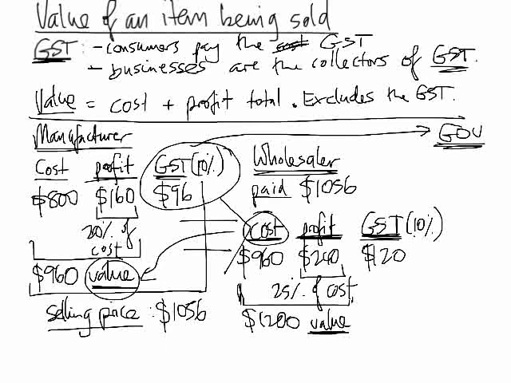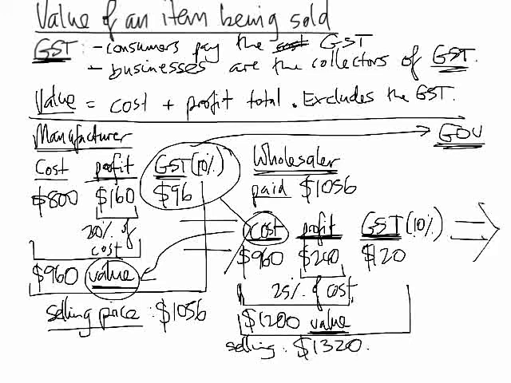So their selling price is going to be a total of $1,320, and this price is going to be passed on to the next in line. Now, why do they do that? Because they know that GST is going to be taken by the government.